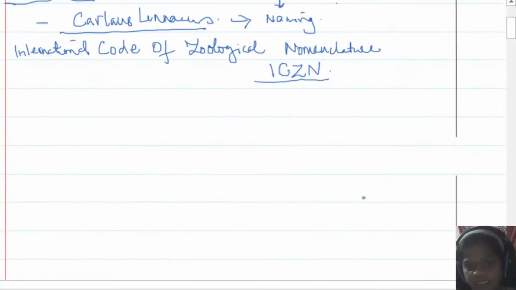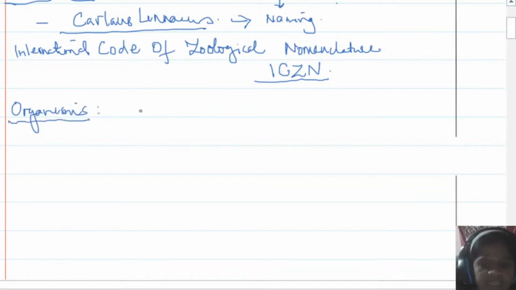So every organism out there, all the organisms are named, right? So first of all, we have to come up with a language. So they decided to go with the dead language, Latin.